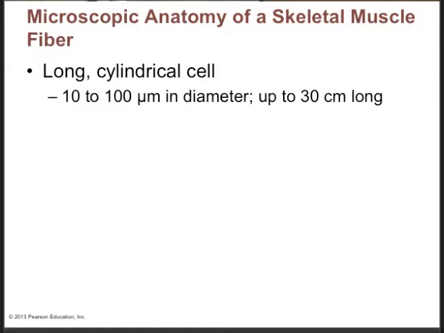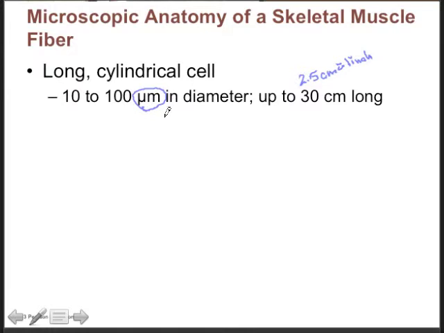Remember that there are about 2.5 centimeters in an inch. So if we do that math, you're talking about 10 inches long for a single cell. And we're between 10 and 100 microns in diameter.